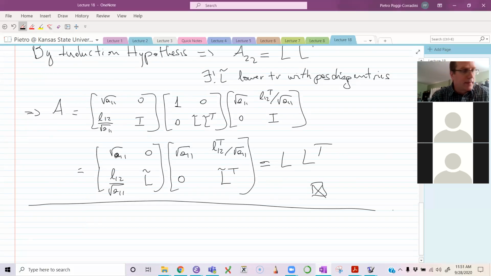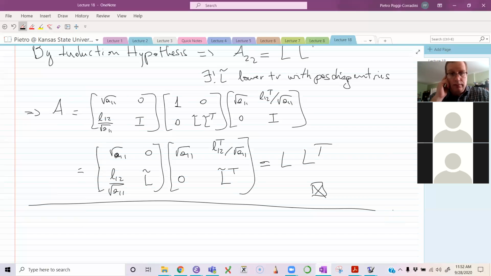All right. So great. So that finishes the material about positive definite matrices. Now, they are a very large and useful class of matrices.